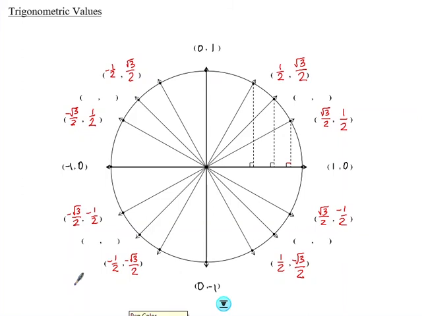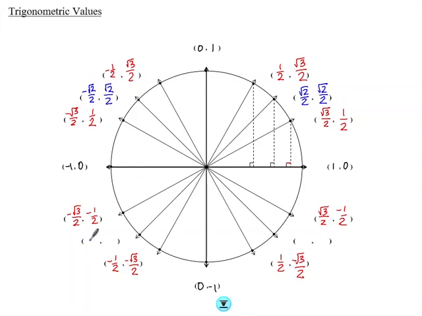Now let's go back and look at the multiples of 45 degrees. If we look at the triangle in the first quadrant, this is a 45-45-90 triangle. We know that the two legs, which are the x and y value, both have a value of square root of 2 over 2. So that is our coordinate point. Similarly, in the second quadrant, we have an x value of negative square root of 2 over 2, a y value positive square root of 2 over 2.